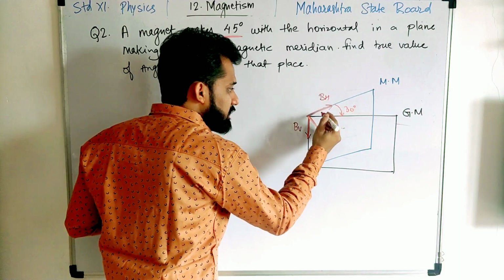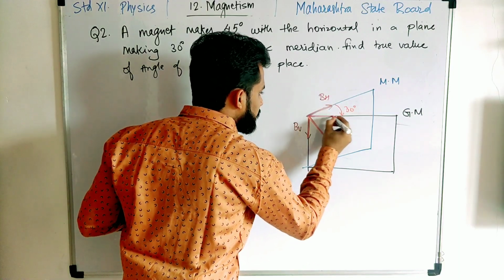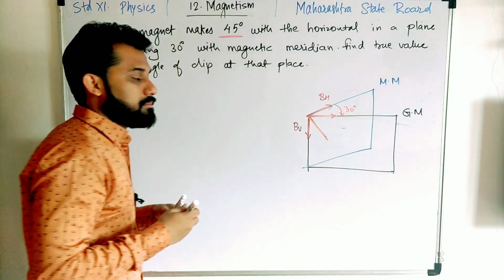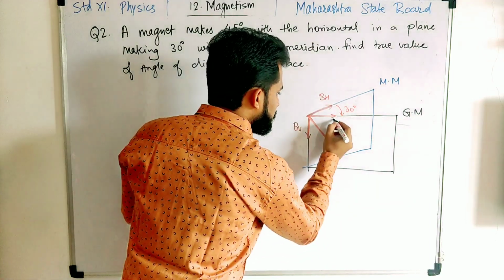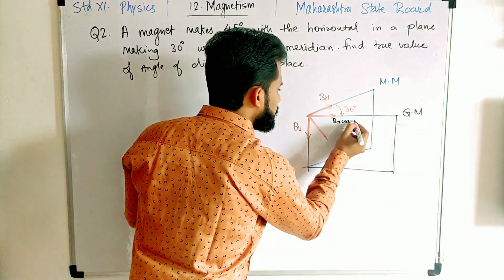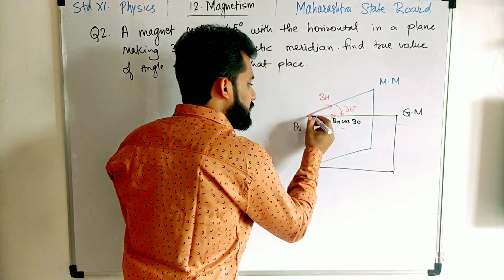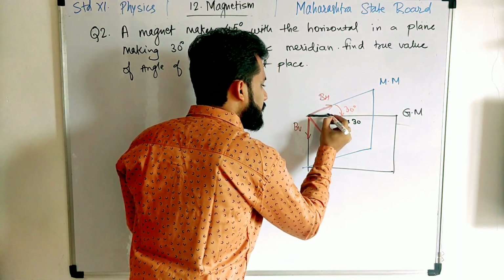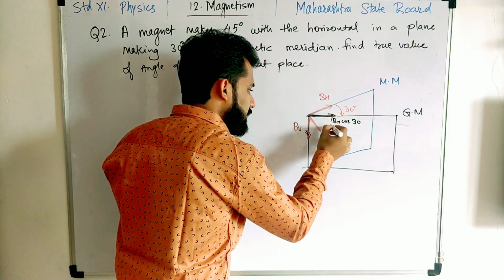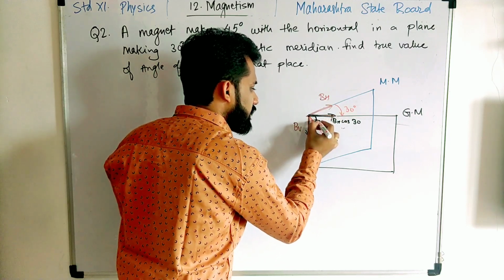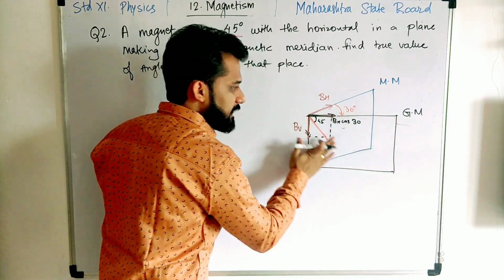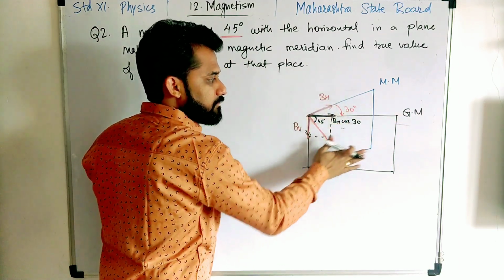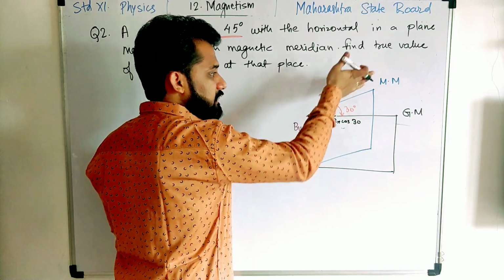So this component of BH will be BH cos 30. And this BH cos 30 and BV's resultant is making 45 degree. So the magnet is making 45 degree in this general plane, which is 30 degree with the magnetic plane.